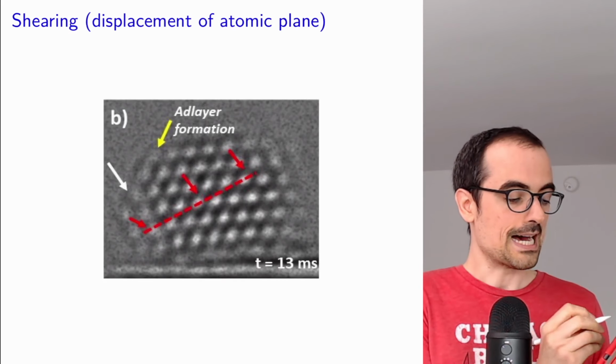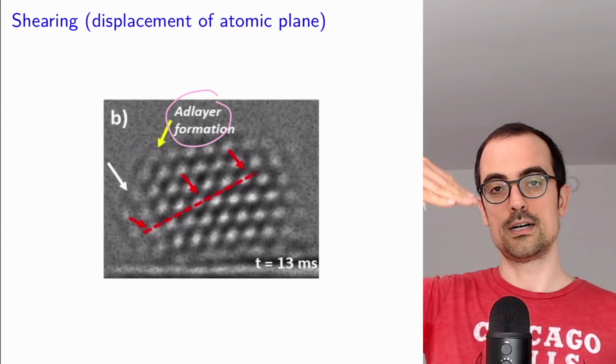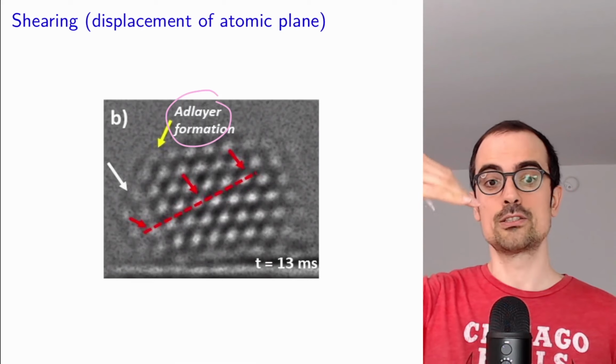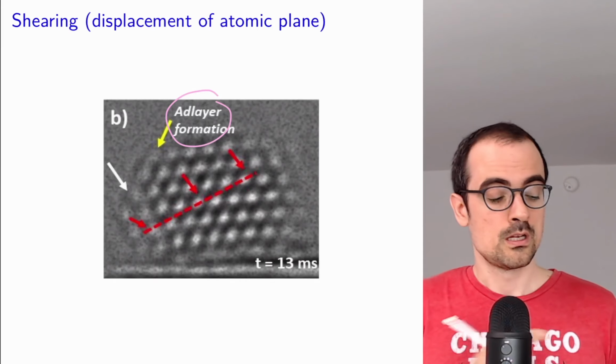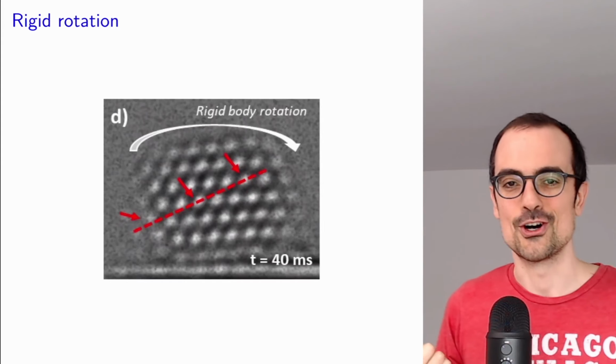Also, they observed add layers forming on the surface of the nanoparticles. This is when there's an atomic surface that is attached to the nanoparticle, which can be important for its functionality. And apart from that, they also observed rotations of the nanoparticle.